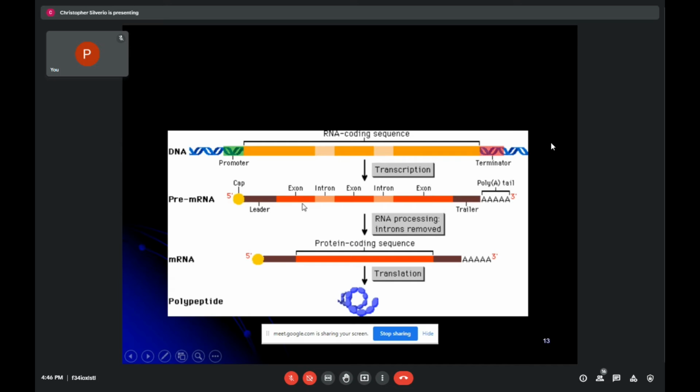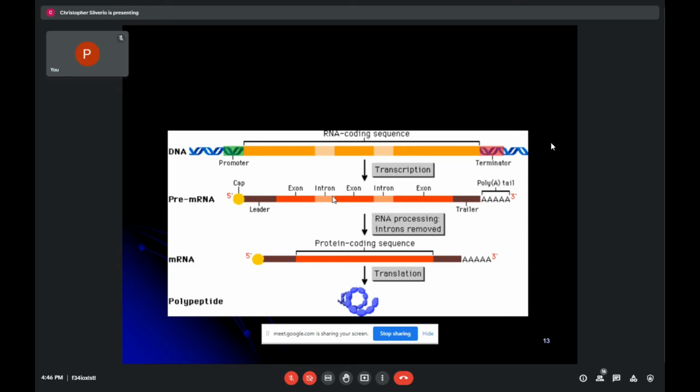Now, what will happen? The pre-mRNA is being processed. And what happened to the intron? The intron is removed. Okay?